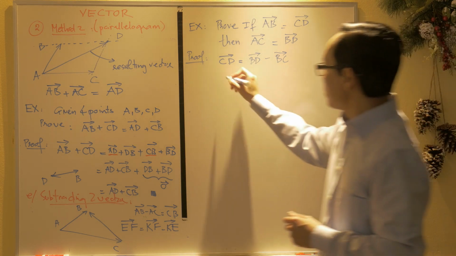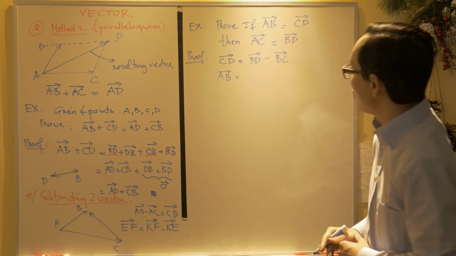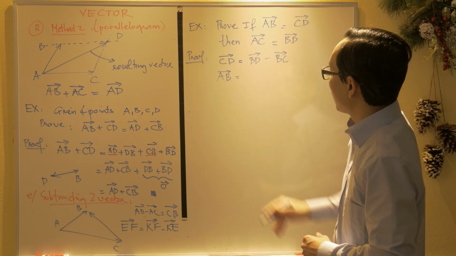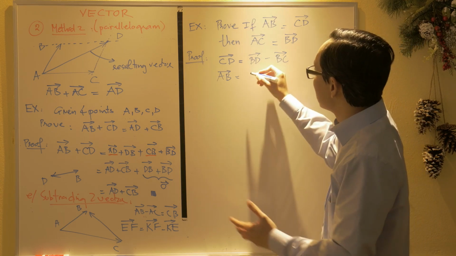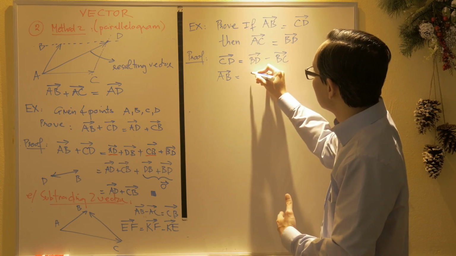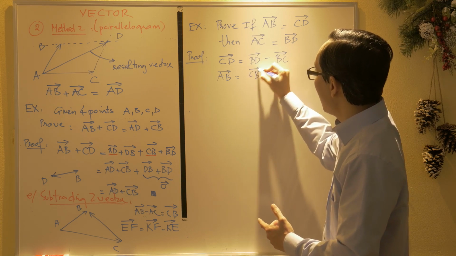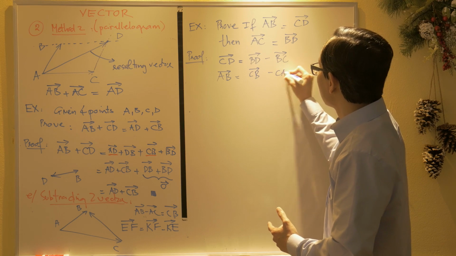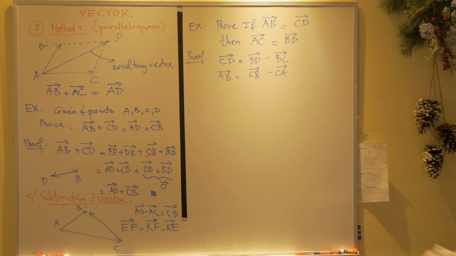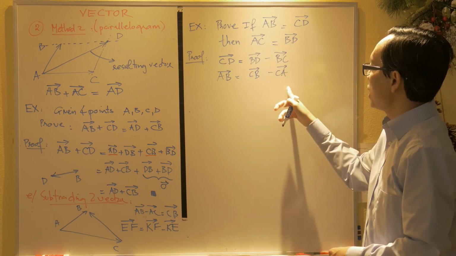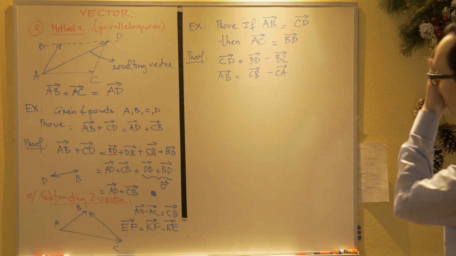And AB, same thing, because we want AC, right? So I can write CB, head minus CA. We want AC, but if we have CA, we just put a minus in the front and switch direction.